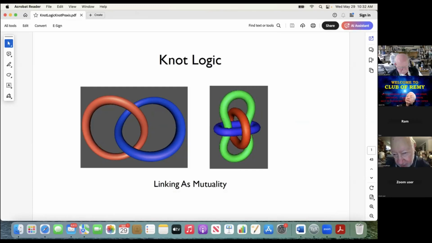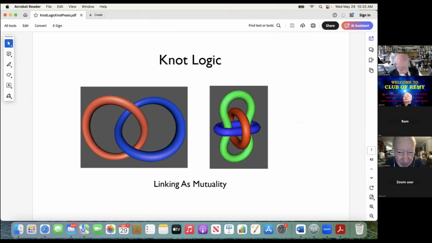For example, the red curve here goes all the way around blue, but it really goes 0 around blue. If green was not present, the red curve and the blue curve in that picture on the right could just slide past one another and go away. They aren't really wrapping around one another at all. And that's true of any pair in the triplet there. If you remove red, then green and blue can slip apart. If you remove green, then red and blue can slip apart.